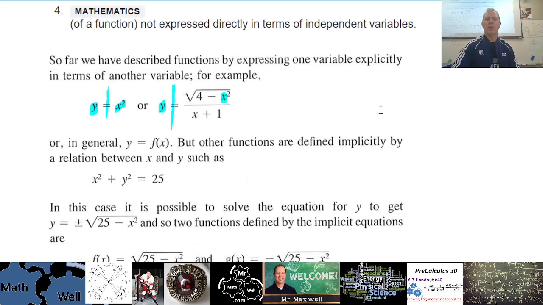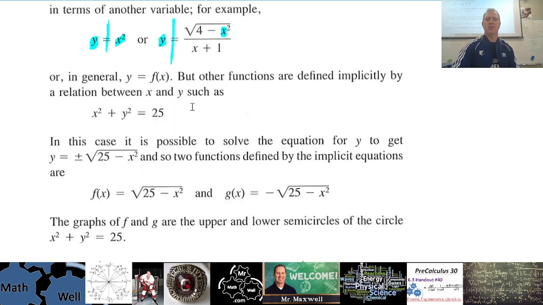Okay? But what we want to learn from this is that this is an example of an equation where y is not explicitly expressed in terms of x, right? y is not on one side of the equation and x on the other side. They're both on the same side. And so in this case, we could rearrange this equation so that we could isolate for y and have y on one side and only terms including the x on the other side.